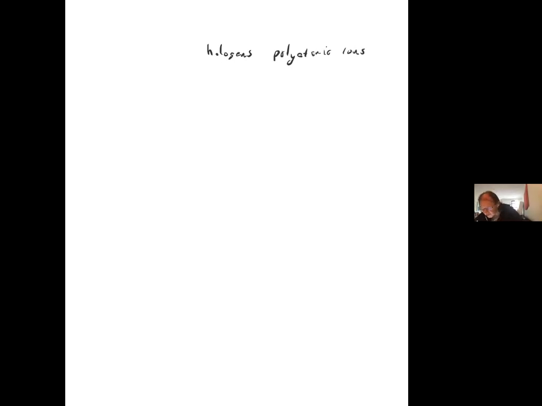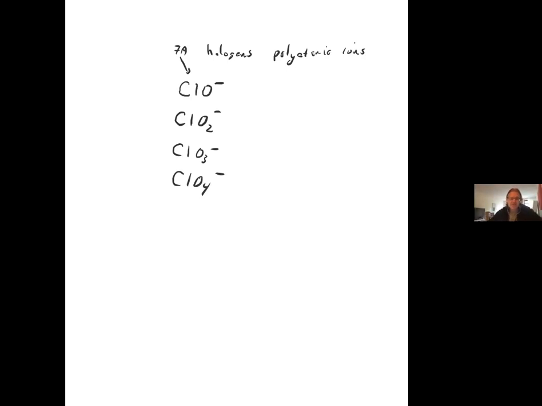So let me show you what it is. Remember, halogens are group 7A, right? Just so you remember. Halogens are 7A. So look at these polyatomic ions. How do we know they're polyatomic ions? They've got more than one atom and it's charged. That makes it a polyatomic ion, okay?